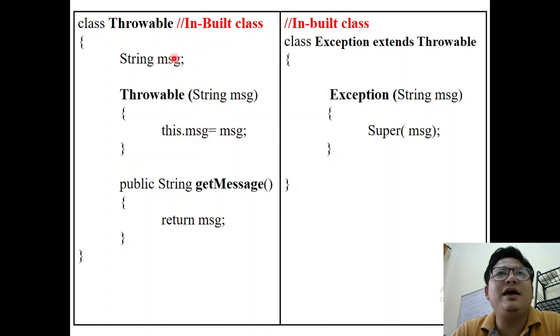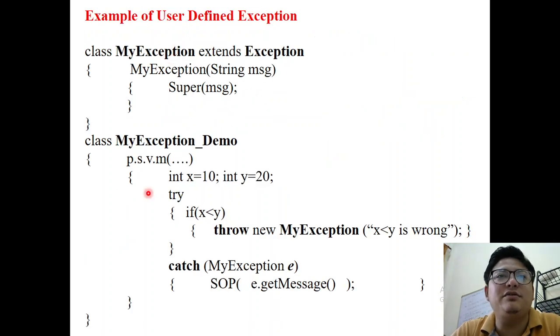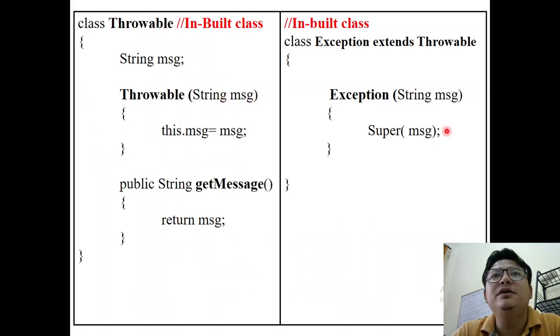So at the end, when this statement gets executed, if this condition is true, an object will be created. While creating the object, you initialize the string from this message to the Exception message, from the Exception message to the Throwable message, and from the Throwable message to the MSG instance variable of Throwable.